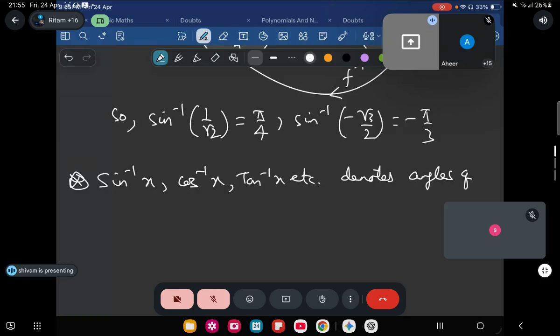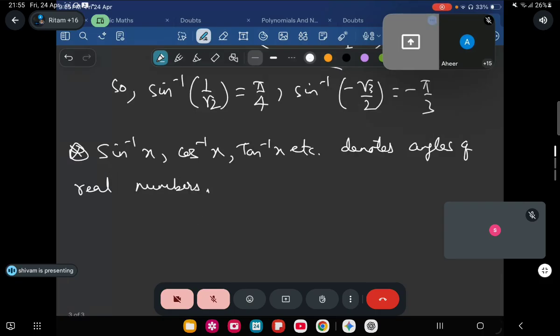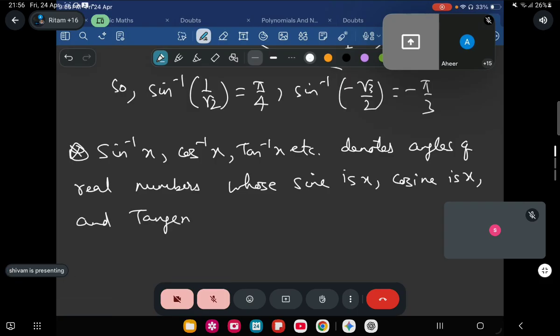They just denote the angles whose sine is x, cosine is x, and tangent is x respectively. So they represent angles of real numbers.